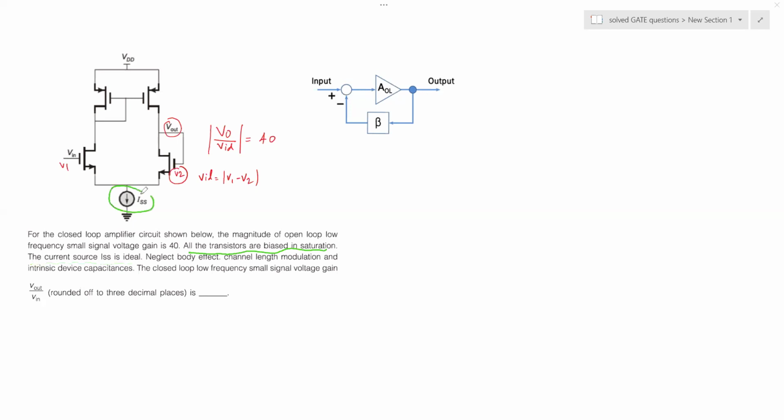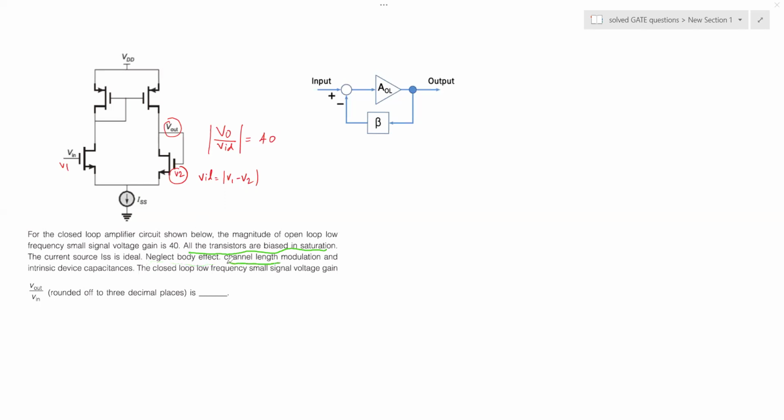So it is a constant current source irrespective of the voltage across it. And we neglect the body effect. It means the MOSFET has the fourth terminal, that is the body, which is tied to the source in case of NMOS, and which is tied to the VDD in case of a PMOS. So we don't consider that in the circuit.